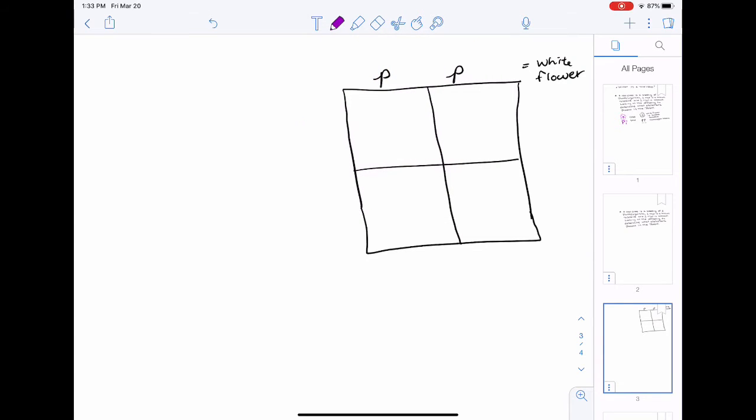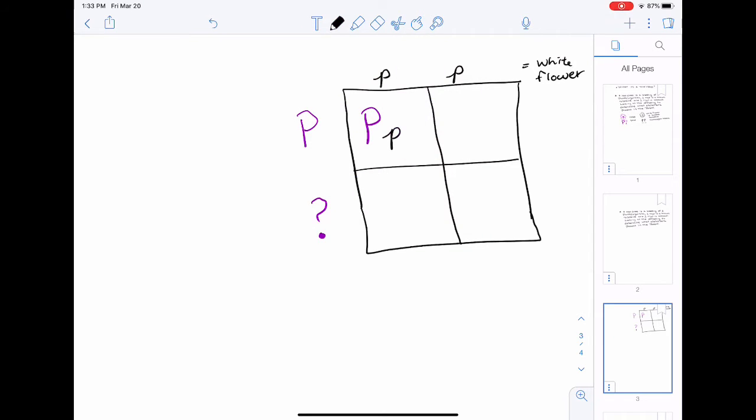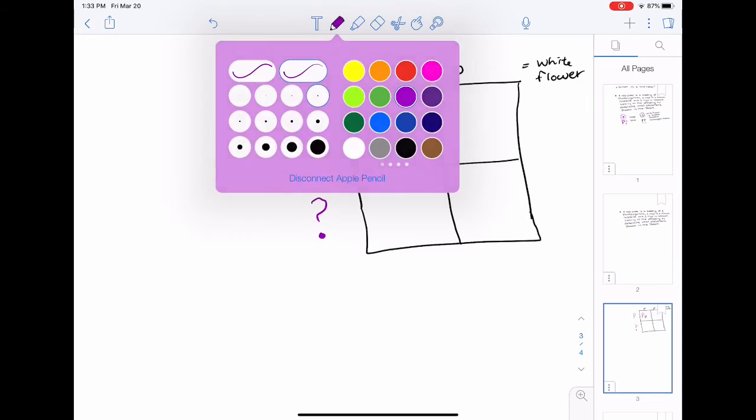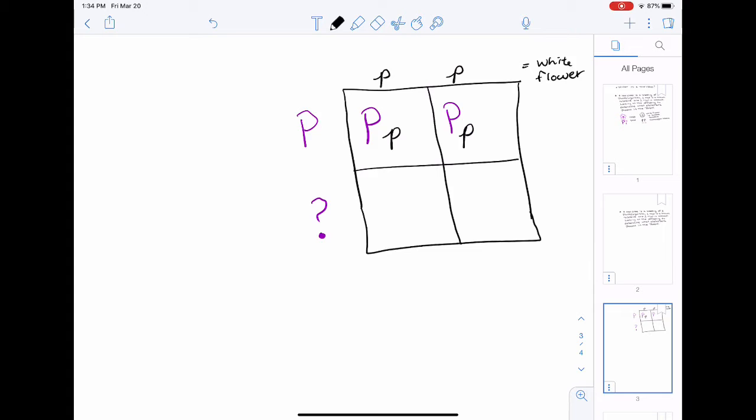The only thing he knows about his unknown flower is that it has a capital P. For sure, we know he's going to get big P, little p here, and big P, little p here. So he's going to have two purple flowers, and they're going to be heterozygous.